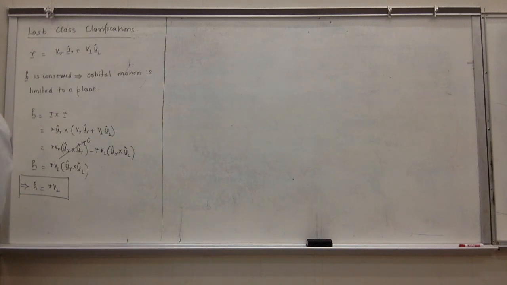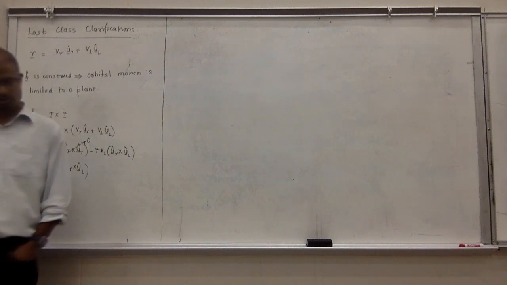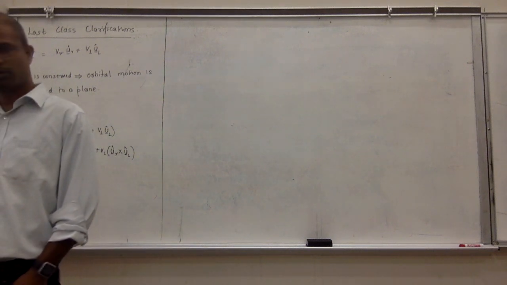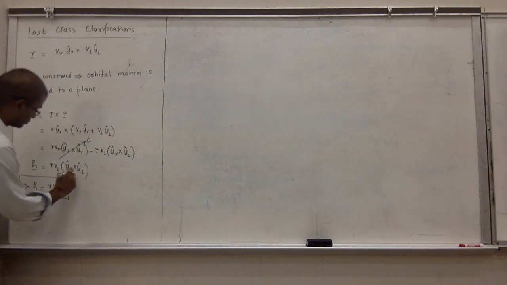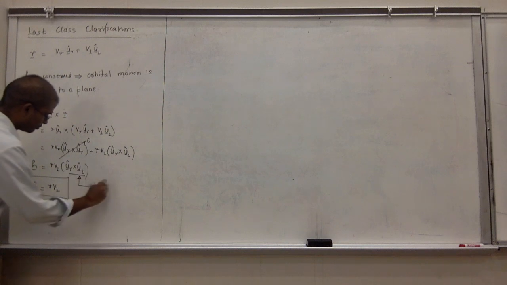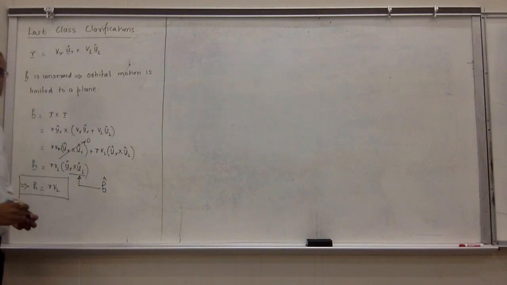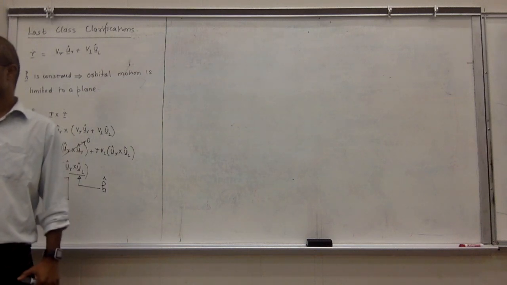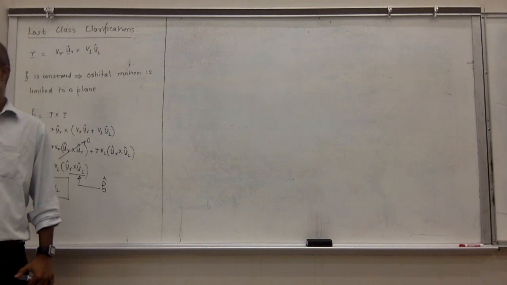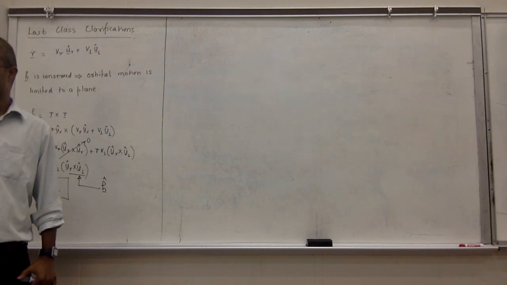See, this H cap is a marker. And you have R cap cross U perpendicular equals 1, correct?